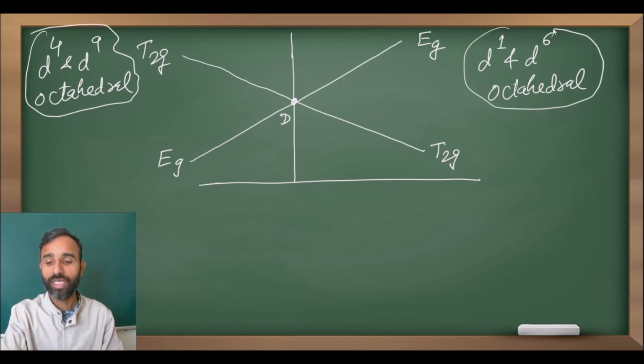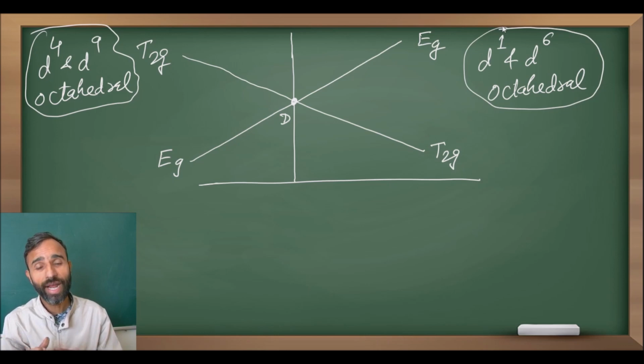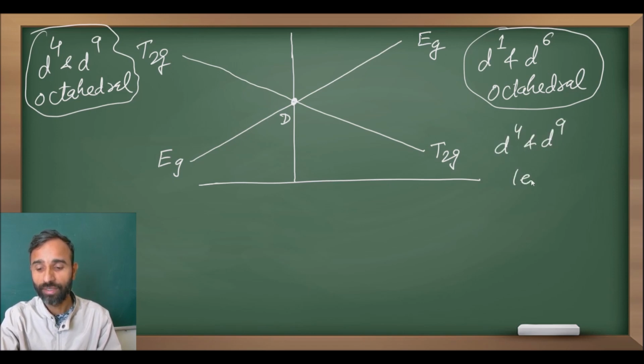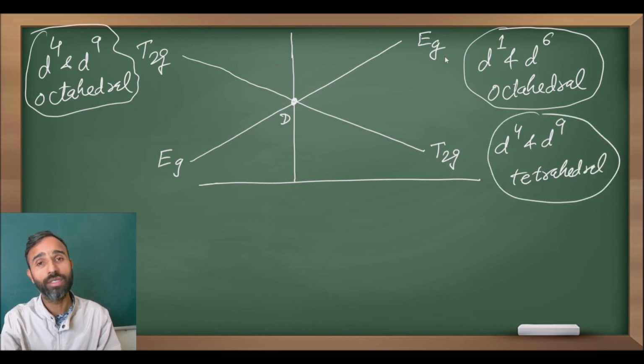And as I said earlier, for tetrahedral it is the other way around, because in octahedral, ligands are on the axis, but in tetrahedral, ligands are in between the axis. That's why D1 and D6 octahedral is the same as D4 and D9 tetrahedral, except the G word is omitted.